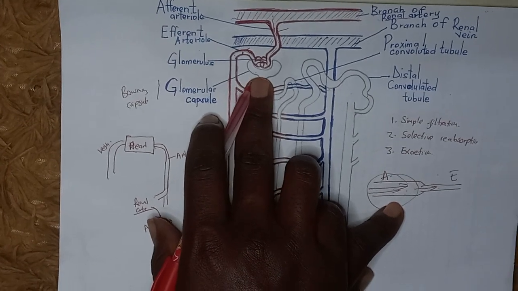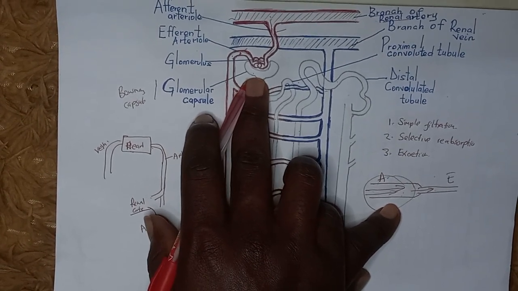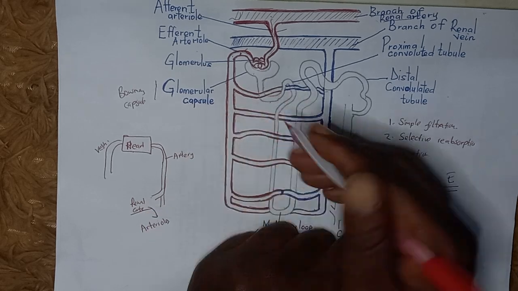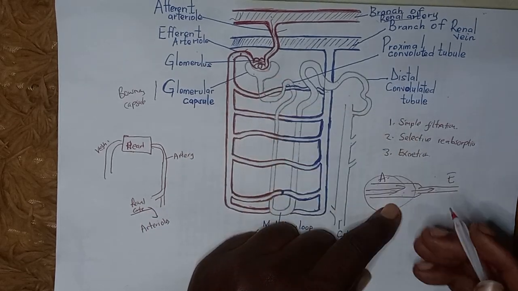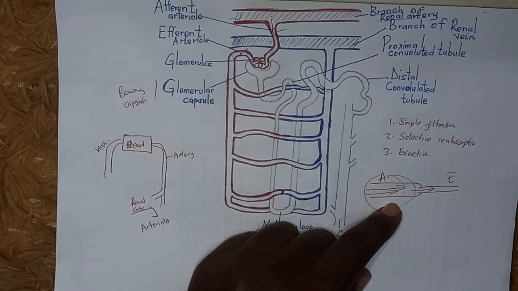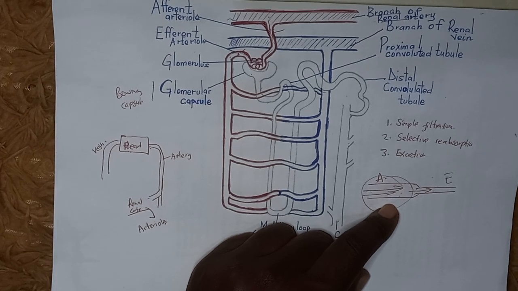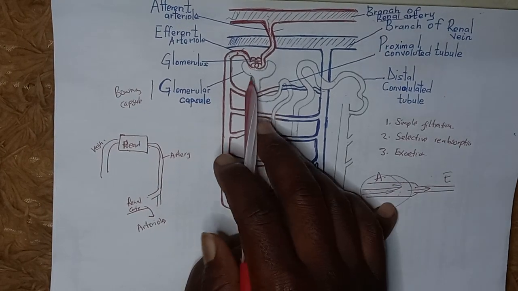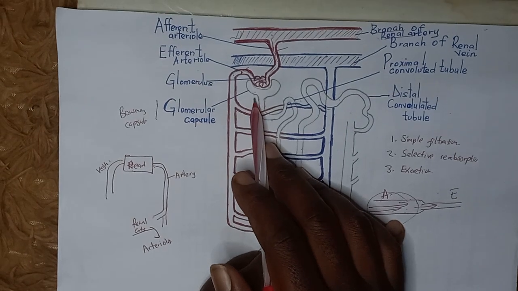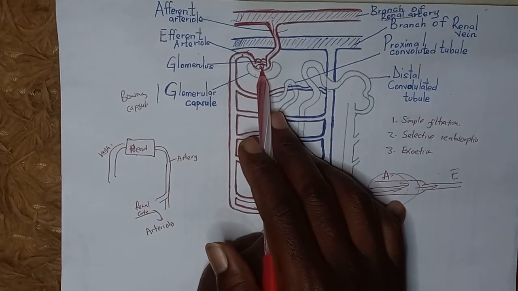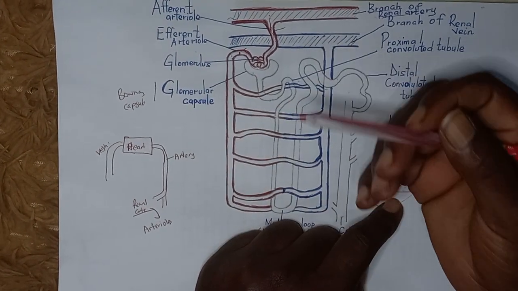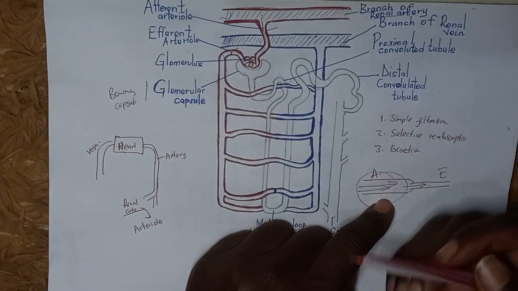Ultrafiltration is caused by the hydrostatic pressure of the blood, because here in the glomerulus there is a lot of pressure. When filtration takes place, some things will move from the blood into the Bowman's capsule.